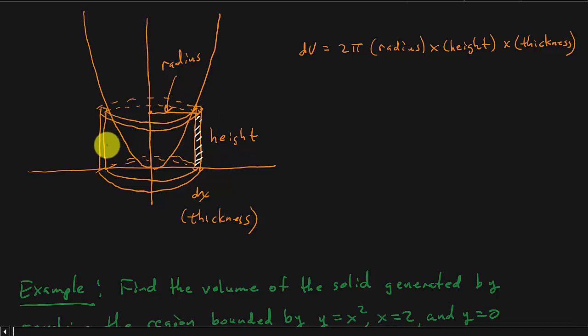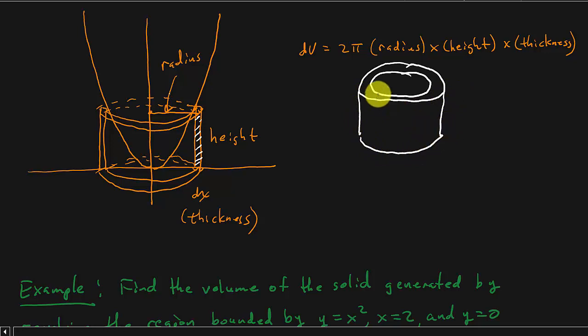All right. So let's just look at this. You see this cylinder right here? Let's just take this cylinder here. See if I can draw this. I'm not very good at drawing, so just bear with me.